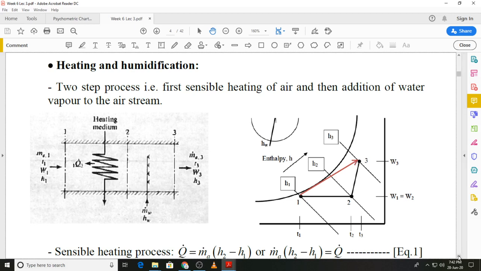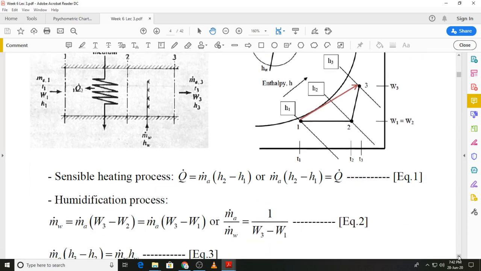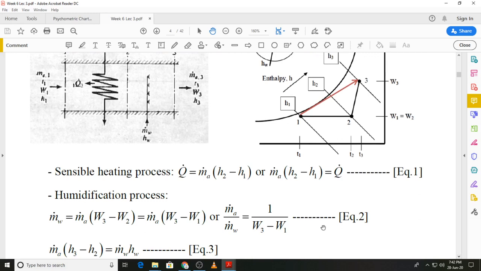The mathematical equations of energy and mass balances are straightforward. If you look at the sensible heating process, the energy content at state 1 will be m dot A times H1, to which we add the rate at which heat is absorbed by the air from the heating coil, that is Q dot, and at the end point of the sensible heating process, that is at state 2, the energy content will be m dot A times H2.